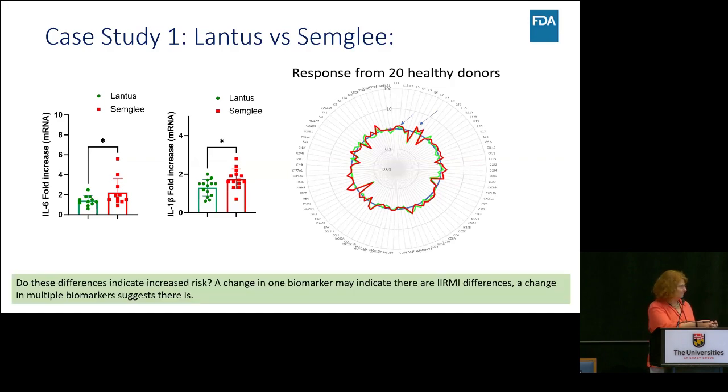What does that mean? Does it really indicate that there's a difference? I think this actually has to be looked at in a case-by-case situation, but the change in one biomarker may indicate that you have a problem with impurities. A change in multiple biomarkers, particularly if they are in one path, suggests that there really is one.